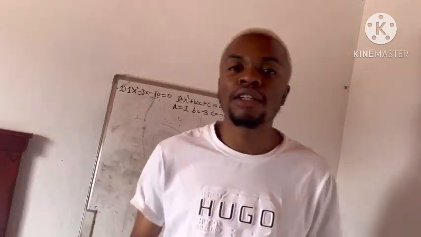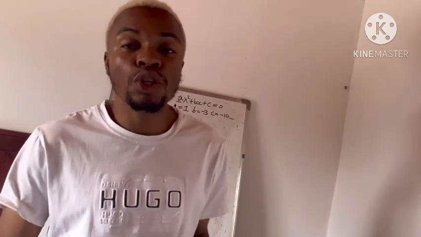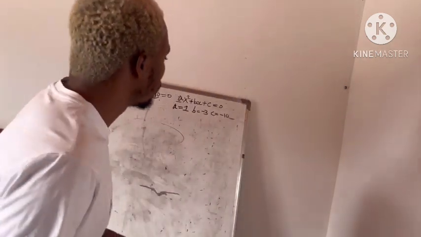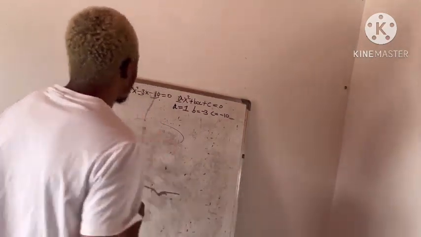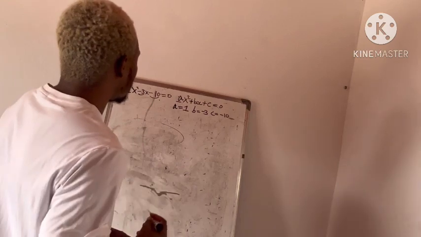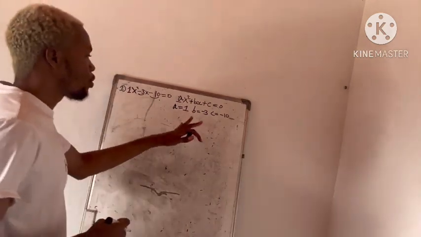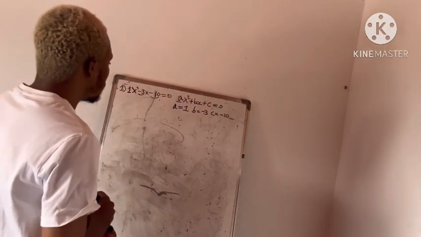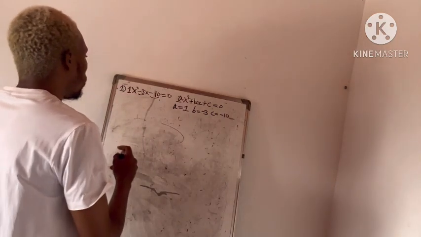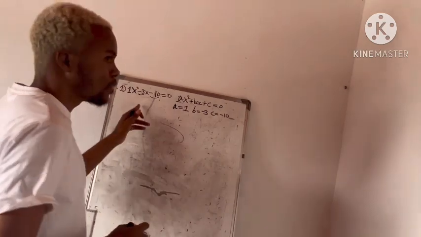Now we have gotten our A, our B, and our C. The next thing we got to do is, firstly, ask yourself a question. What two values is it that if I add up is going to give me B?